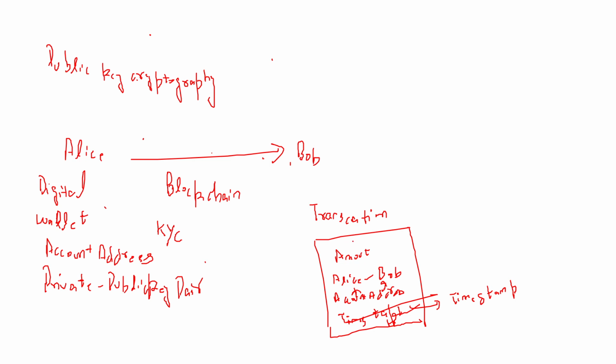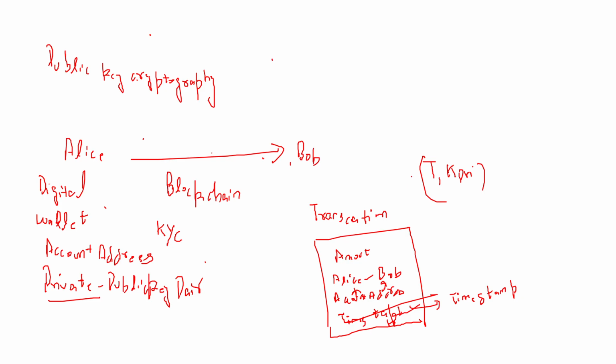This transaction, which contains all these details, is cryptographically signed using the private key of Alice. Using the private key, let us say I call this message or the transaction details T. So T is signed by the private key of Alice.